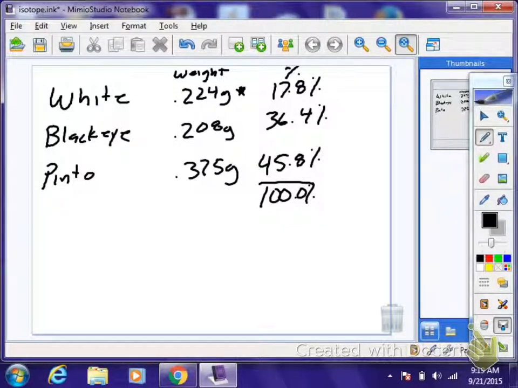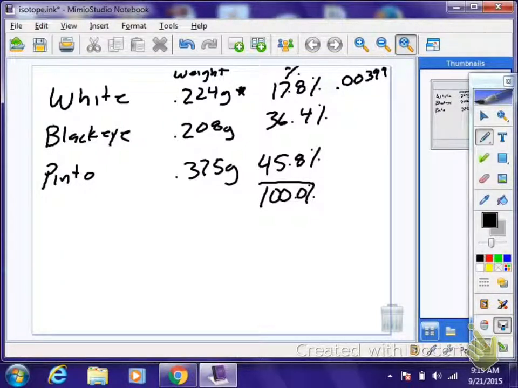So when we multiply these numbers, we're going to get some values out. 0.00399. When I use percents, I've got to make sure I use the decimal form of that. Most of you know that. That's not going to be a situation where you do it differently in here than in math.